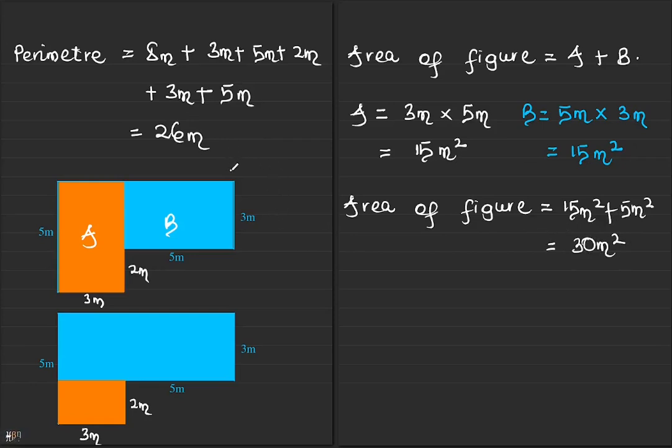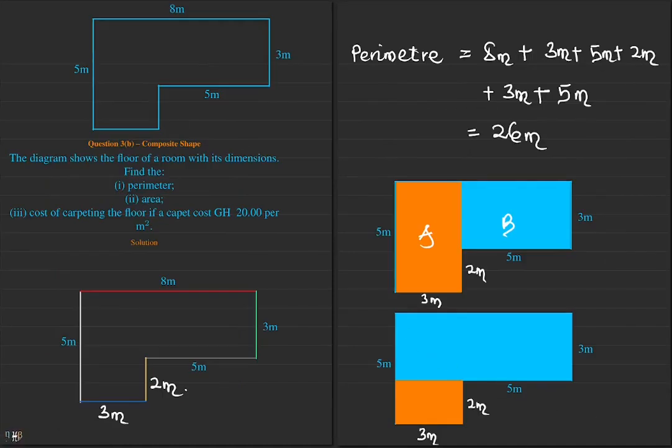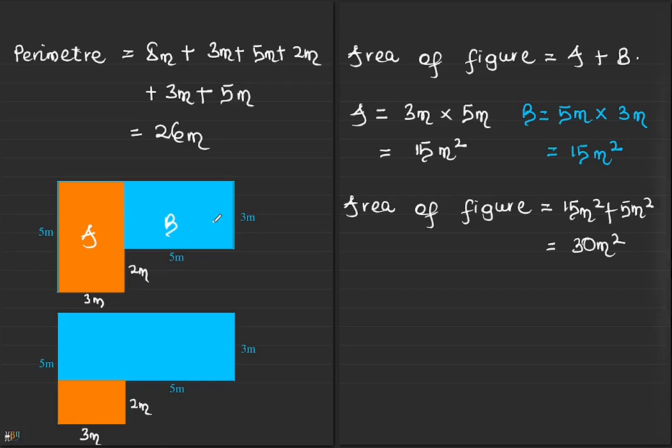Now let's look at the third part of the question. So the last part of the question says we have to find the cost of carpeting the floor if a carpet costs 20 cedis per meter squared. So for every meter squared, it costs 20 cedis. But how many meter squares do we have here?